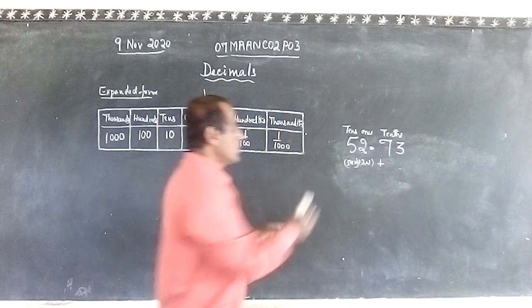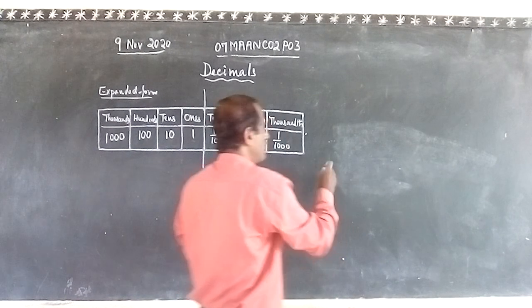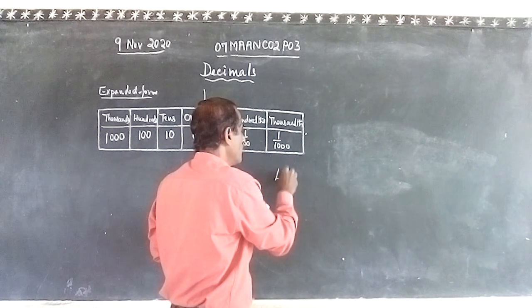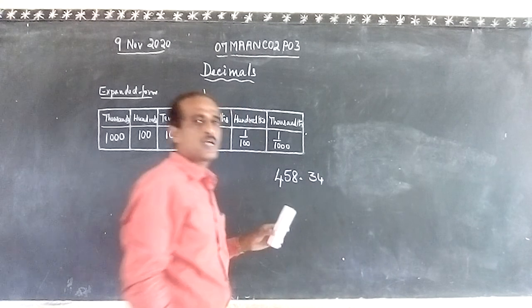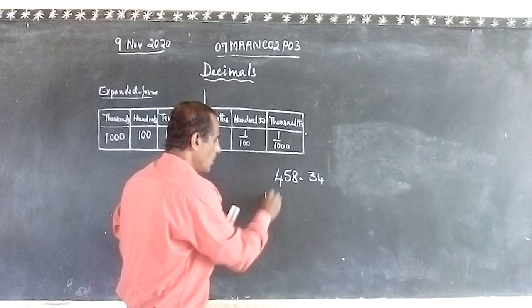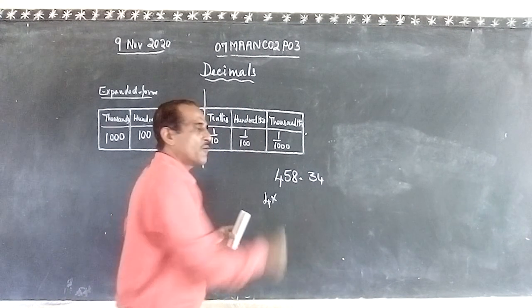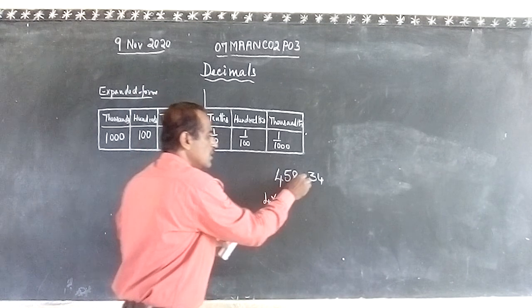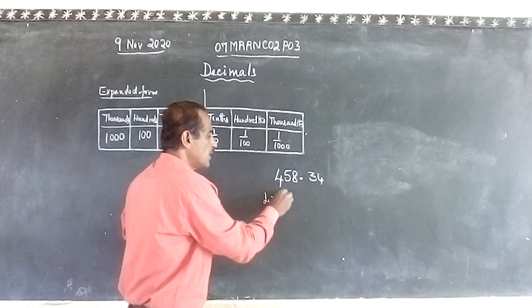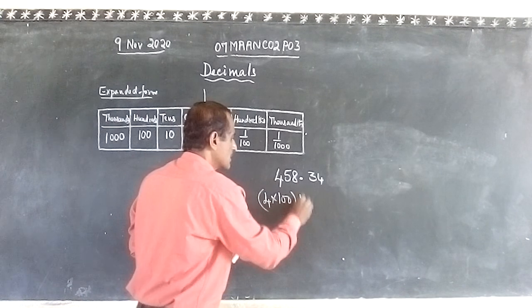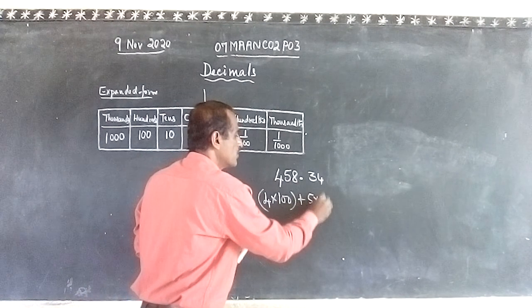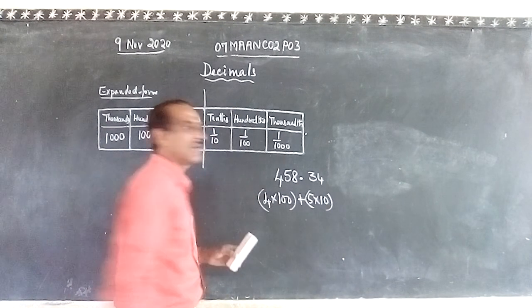Therefore, if you expand this number, for example, 458.34, how can we expand this number? See, 4 into 100. 4 is in the 100 place. This is the decimal point. So we can write it as 4 into 100 plus 5 is in the 10th place, 5 into 10.